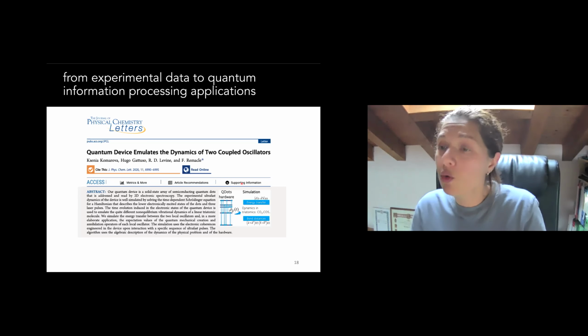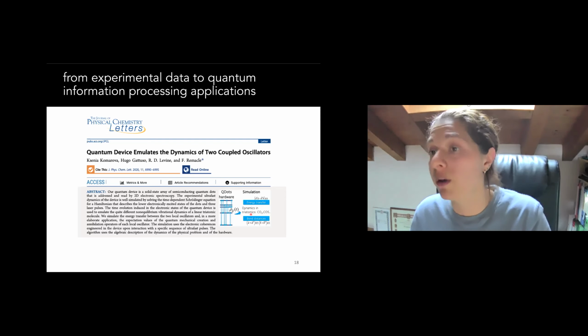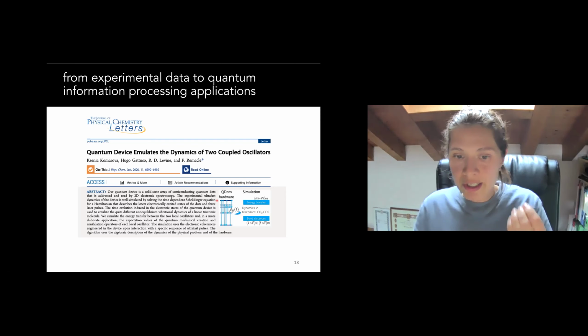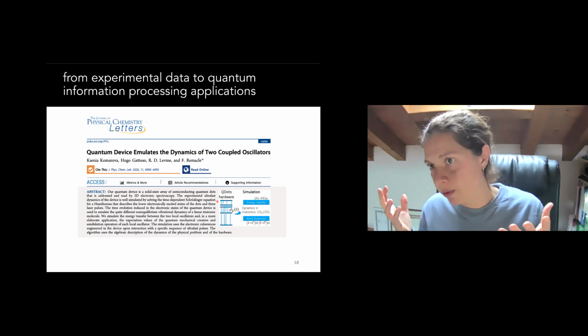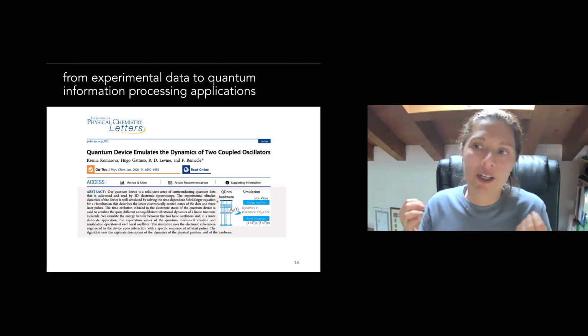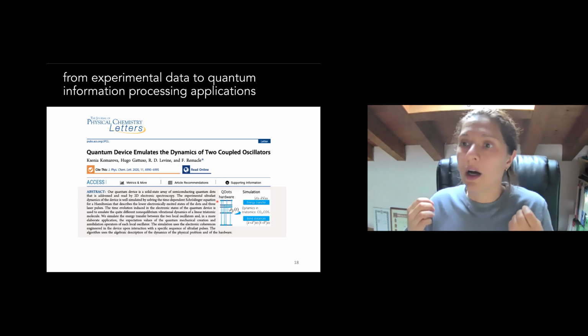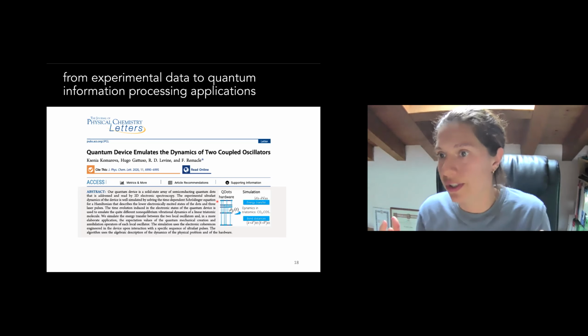They actually emulate the dynamical behavior of a 3-atomic molecule. So this is a first proof of concept of how it is possible to really use 2D electronic spectroscopy response as a hardware to calculate, to emulate quantum systems.